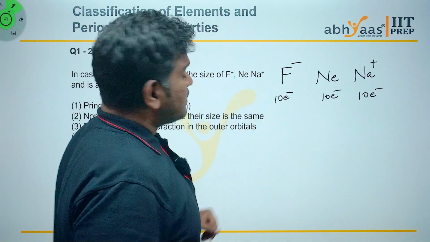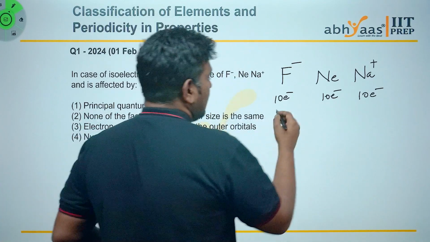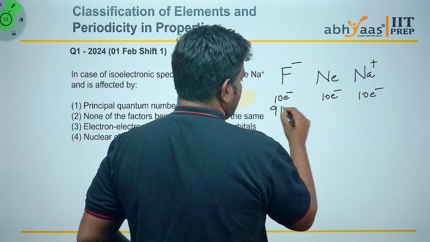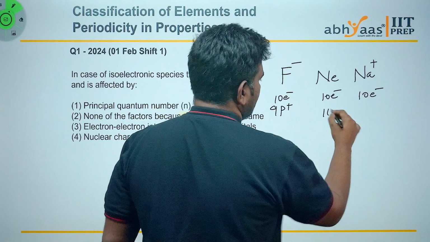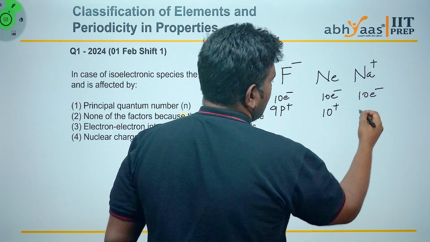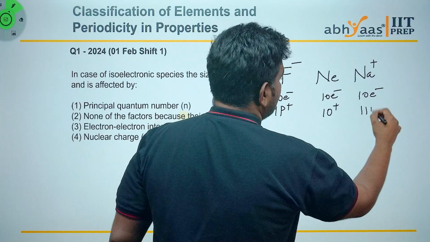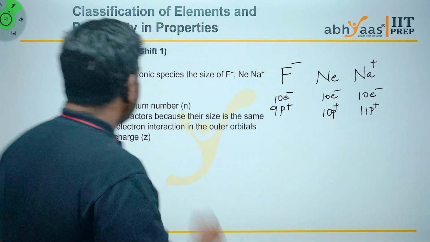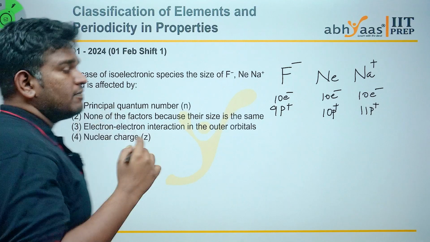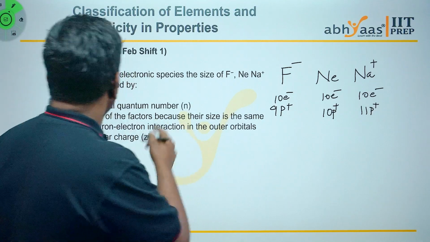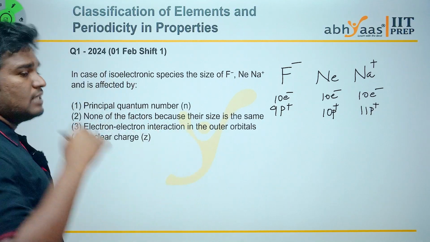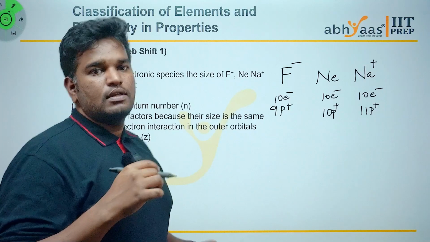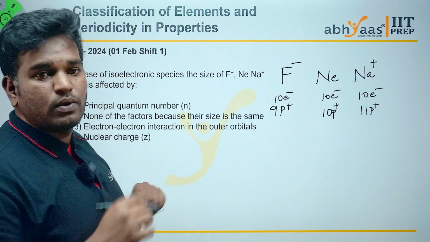Now you see the number of protons, fluorine will be having 9 protons, positive charge. Here it will be 10 positive charge and here it will be 11 positive charge. So what will be having an influence on the size of these ions? Obviously, it will be the nuclear charge.